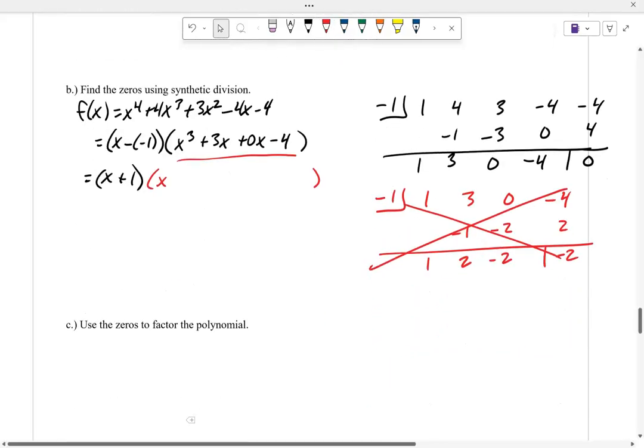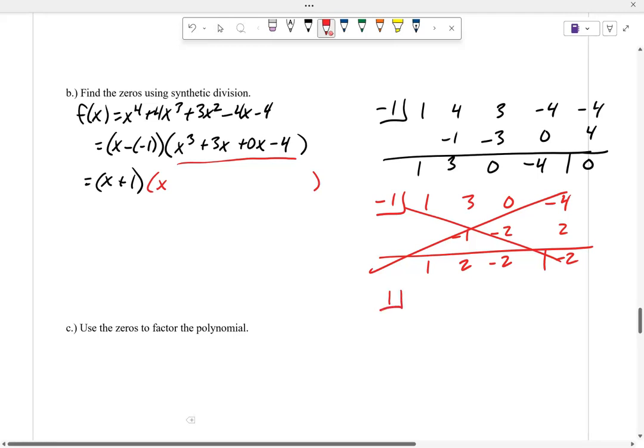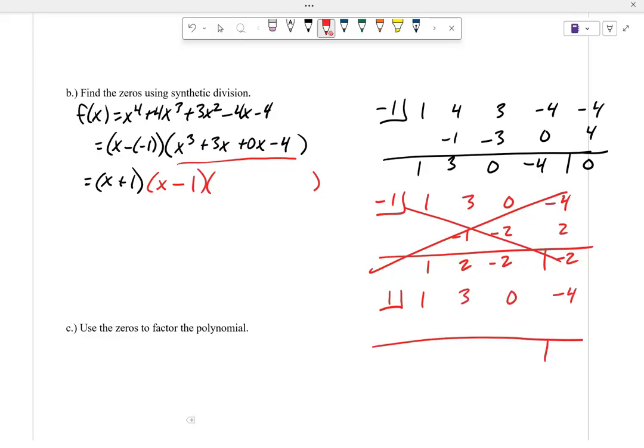Does +1 work? So if 1 is a 0, then x minus 1 is a factor. Let's test it. 1x cubed plus 3x squared plus 0x minus 4. Does 1 work? It does. Okay. So that'll end up being x squared plus 4x plus 4. So 1 works.